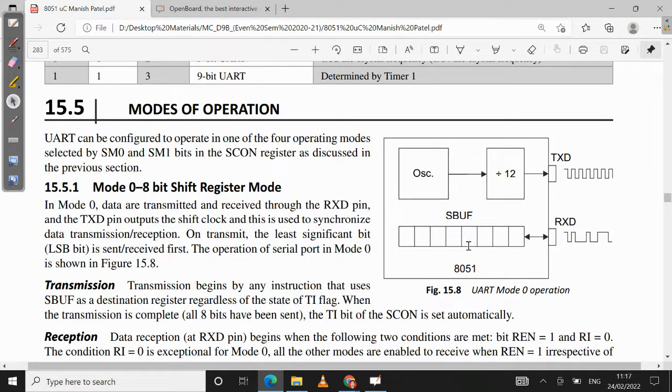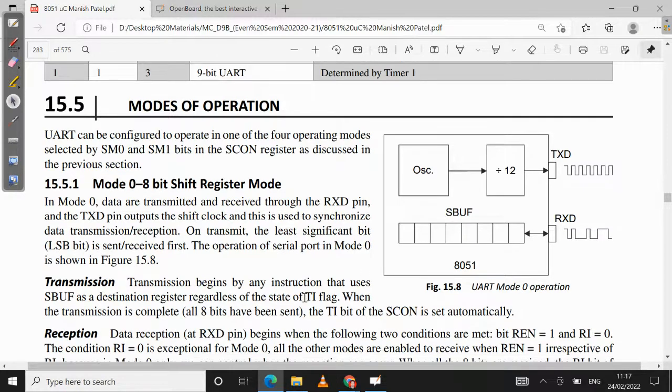When you talk about the first mode, mode 0, if you see on the screen, we have already talked about how in this mode data is transmitted and received by the RxD pin and TXD pin. This is an 8-bit shift register mode.